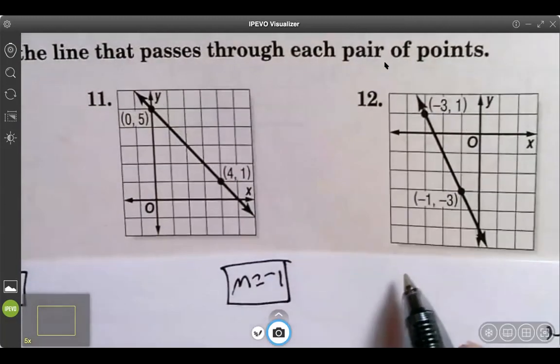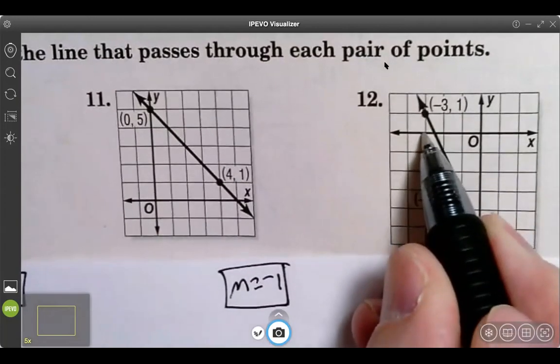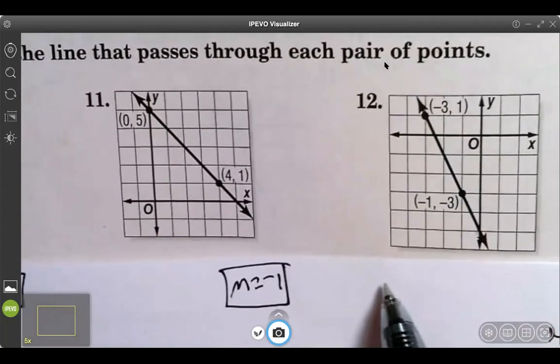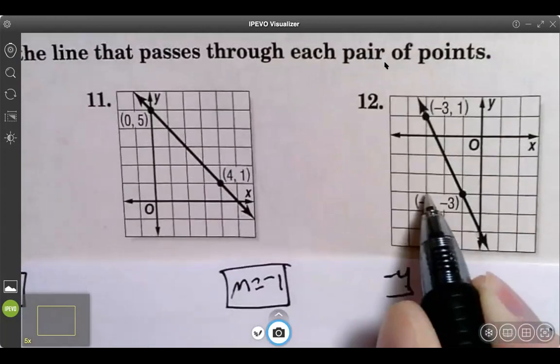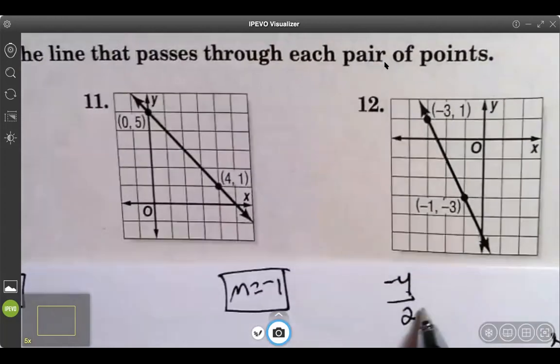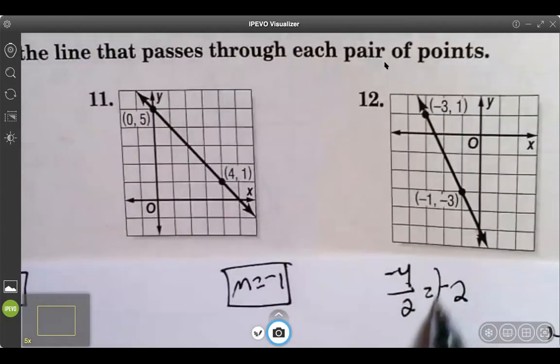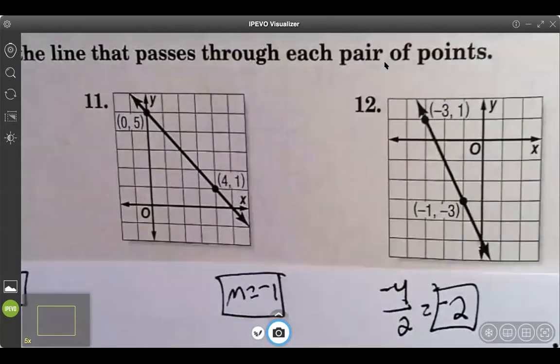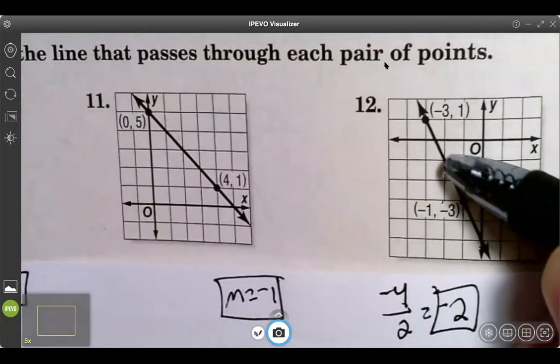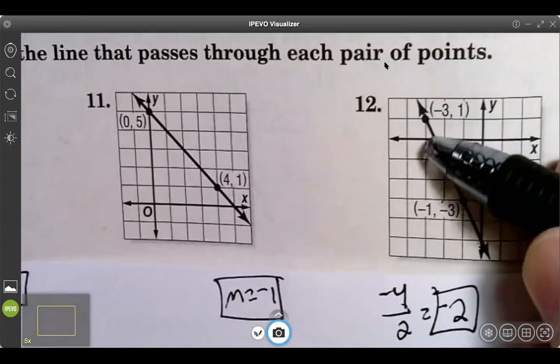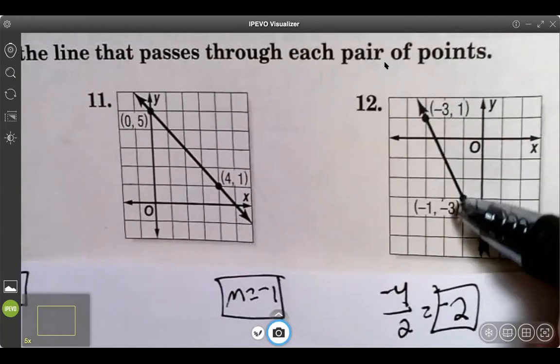If you count between the dots, you're rising -1, 2, 3, 4, and you run 1, 2. -4/2 simplifies to -2 because it also went through the grid here and here. -2/1, -2/1, -2/1.